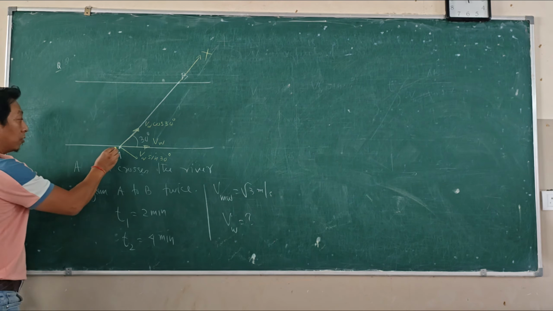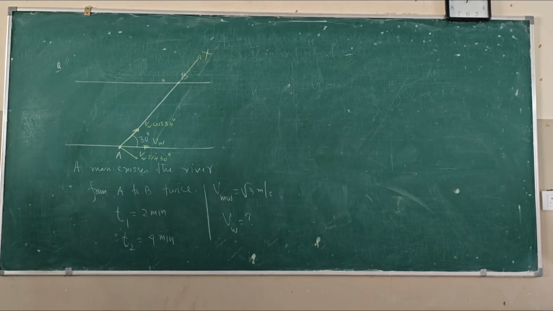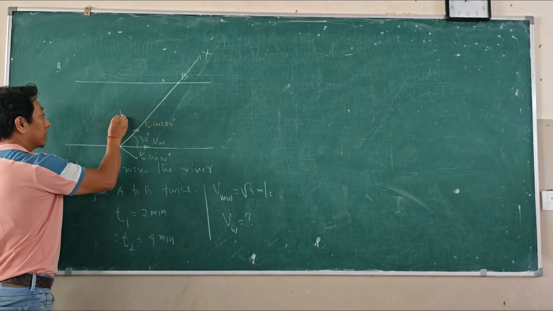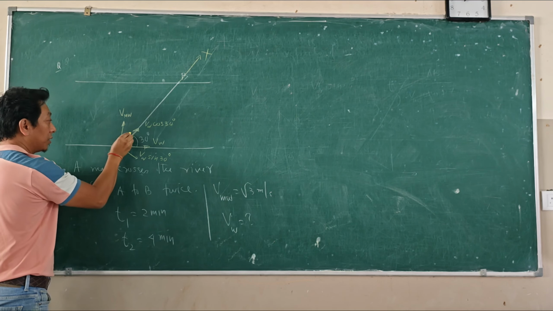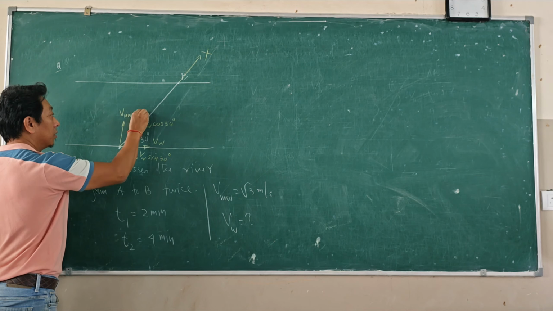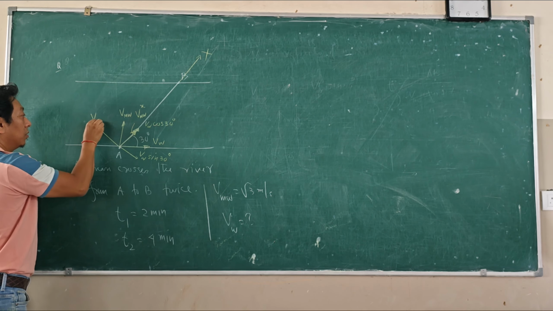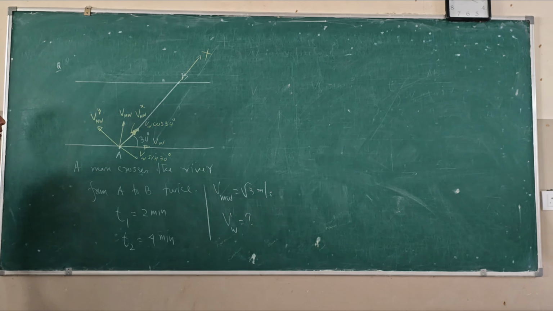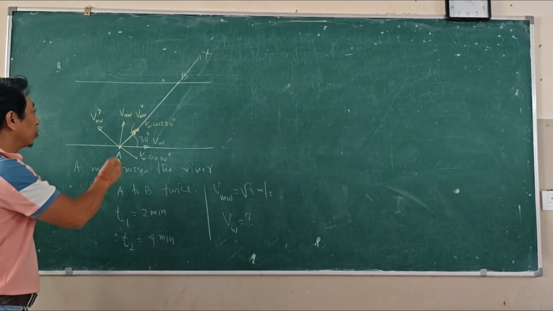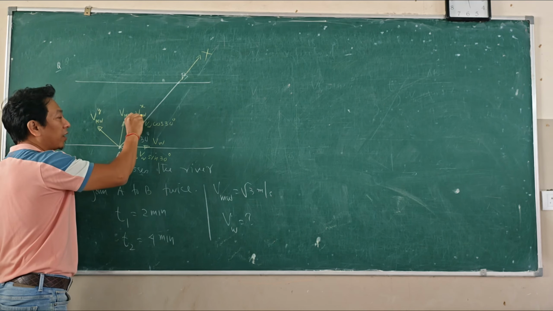And man, I don't know, is going in what direction with respect to water. But wherever he is going, that will have two components. One here, VMW X, and here VMW Y. So students, in such cases, if you can, better to write for this velocity as u, then this will be ux, uy.